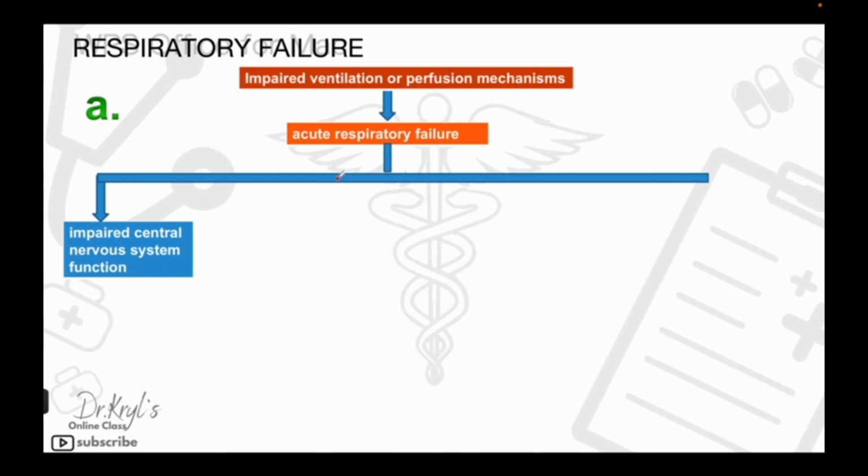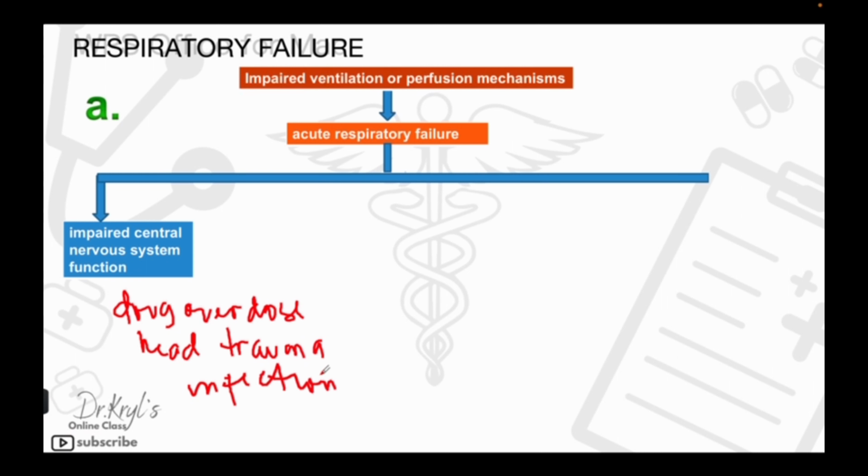If the central nervous system is impaired, examples are drug overdose, head trauma, infection, hemorrhage, and sleep apnea. So, impaired central nervous system is due to drug overdose, head trauma, infection, hemorrhage, and sleep apnea.